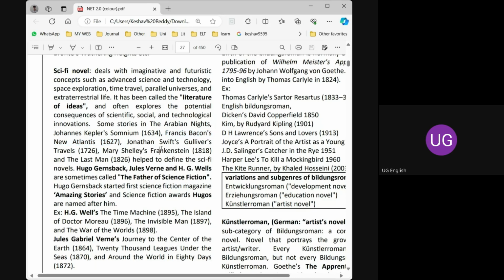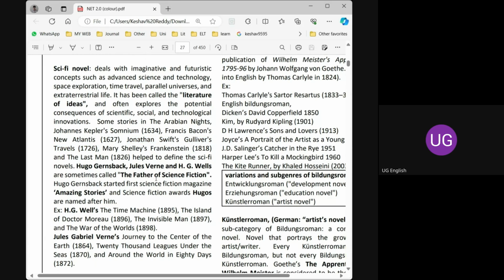And even Jonathan Swift's satire, Gulliver's Travels. As I was talking about Lilliput, it's science fiction. It's a fiction based on scientific advancement. It is also going to be called a sci-fi novel. And there are some scientific issues also discussed in that novel.